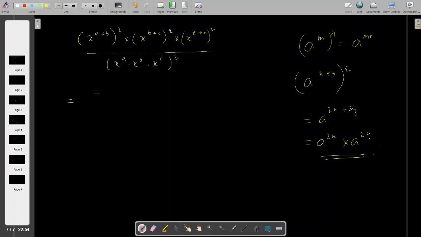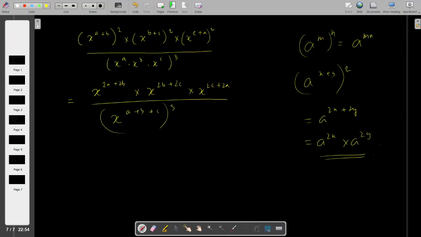So it will be x to the power 2a plus 2b, okay, into x to the power 2b plus 2c into x to the power 2c plus 2a. Okay. So yeah, 3 will be multiplied to all of them. Okay, why? Because if you see here, they are multiplied but the bases are same, so you can put it like this also.